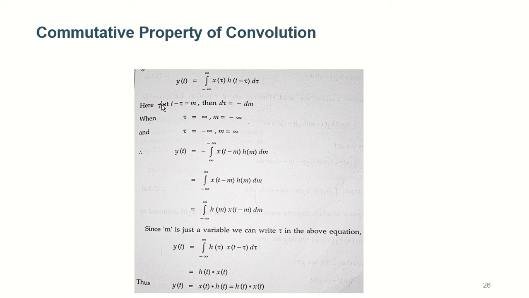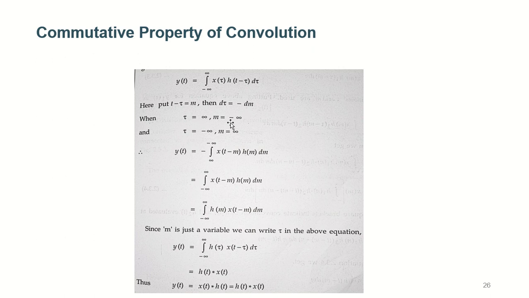So t will become 0, minus tau will become minus d tau, so minus d tau equals dm. So d tau will be minus dm. Where tau is infinite, m will become minus infinite, because it is having a negative value.